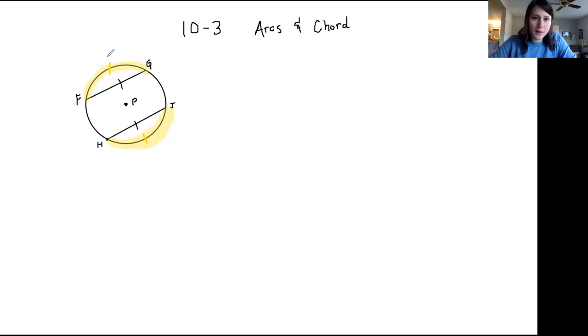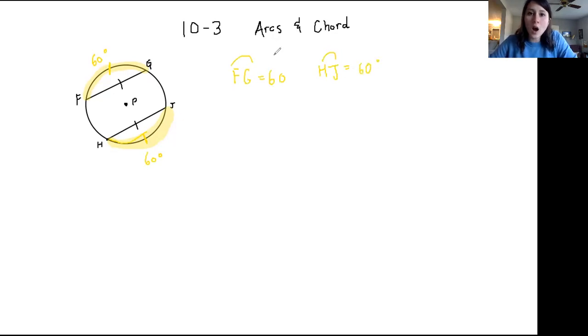So let's say that this arc is 60 degrees. Well, this arc would also be 60 degrees. And that's just talking about this part, H to J and F to G. So arc FG equals 60 and arc HJ equals 60 degrees.